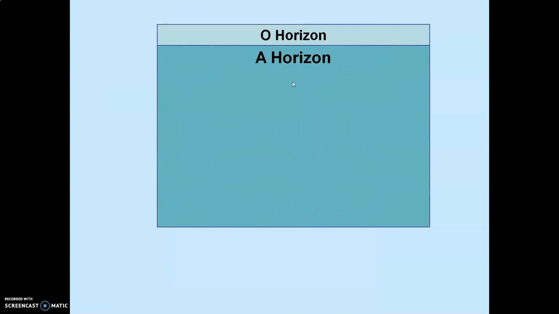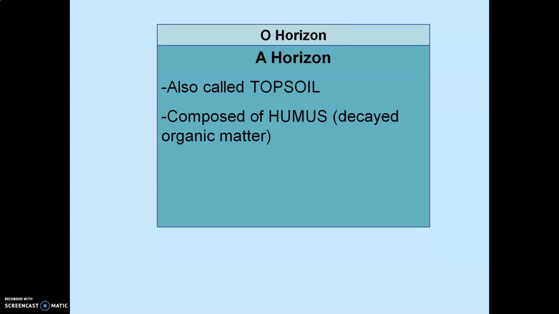Then we have the A horizon. The A horizon we know better as topsoil. It is composed of humus, which is that decayed organic matter we were talking about, and of course the parent material, so it'll also have the broken down bits of rock. It is really fine texture.